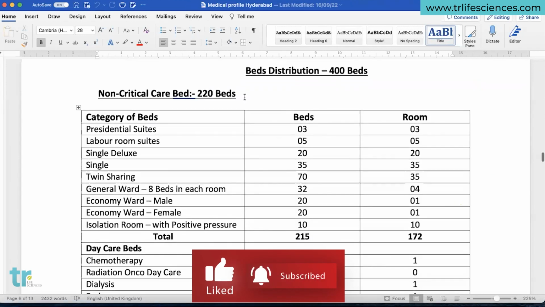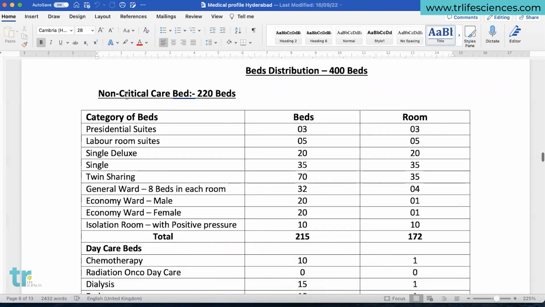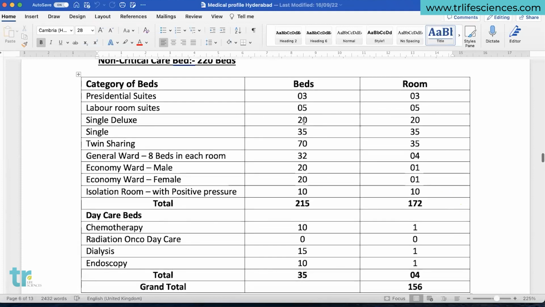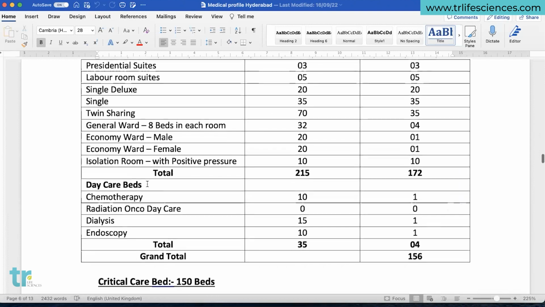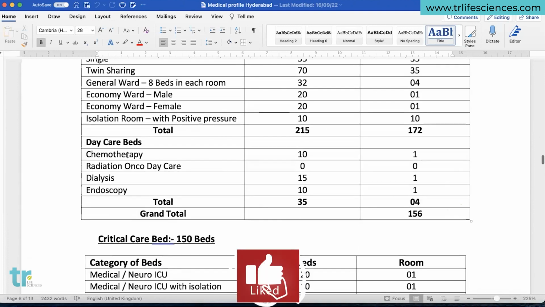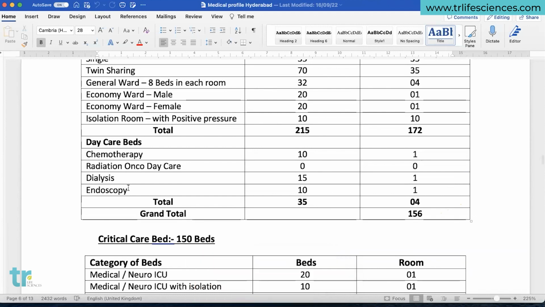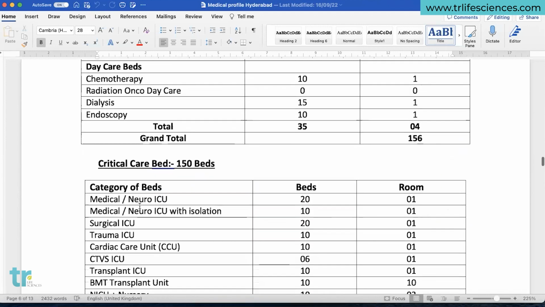Here, this is a 400-bedded hospital, so the non-critical beds proposed are 220. Then the presidential suites, a total of 3, labor room suites 5, single deluxe 20 single rooms, then twin sharing rooms, general wards, economy wards as well, isolation rooms, and the other daycare beds like chemotherapy, radiation onco daycare, dialysis, and endoscopy.